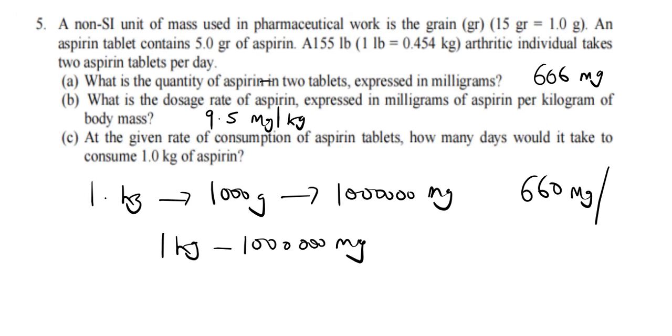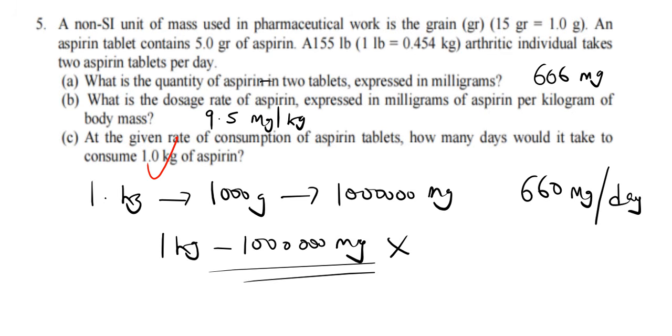So this is per day. Now in terms of time to consume at that rate, we found that the conversion unit is that 1 kg equals 1 million milligrams. So in this case, what are we going to do? I'm going to multiply it by, since they've said 1 kg, here we have to be very careful. They've said 1 kg of aspirin.